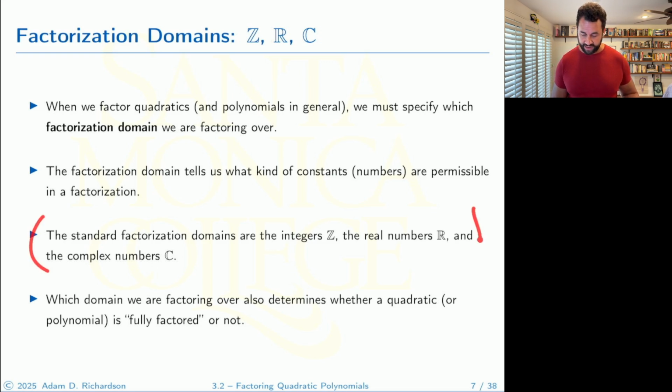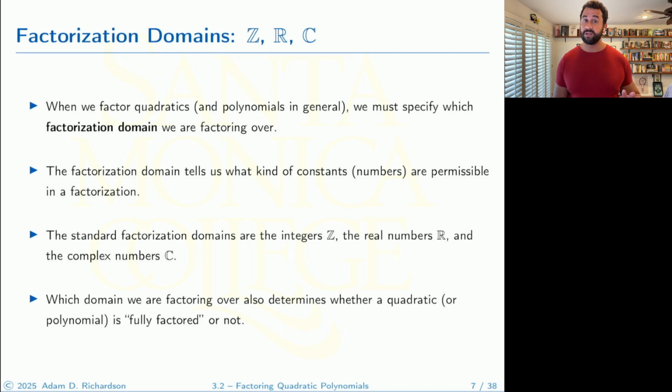The standard factorization domains are the integers, the real numbers, and the complex numbers, which we'll learn in a couple sections. So what I'm really saying is, when we say to factor an expression or factor a polynomial, we need to specify what domain we're factoring over. And what that means is what numbers are allowed in the factorization. Is it only integers? Or are we allowed to include any real number?